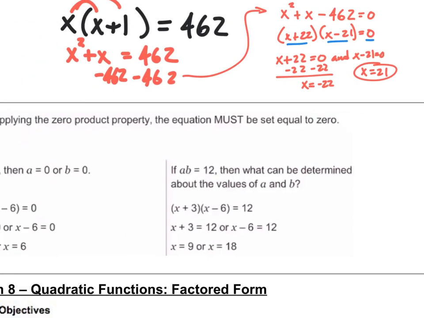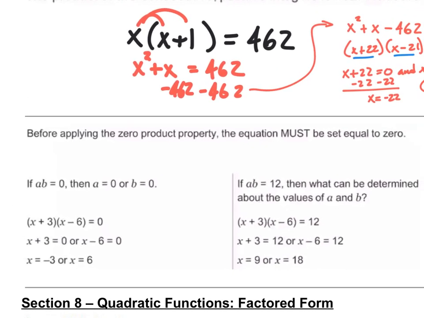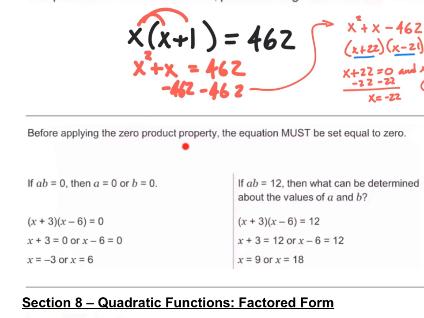On the last part of this video, what I want to talk about is that before we apply the zero product property, we must set the equation equal to 0. And the reason why is because of this. If you had this value here, AB, the zero product property means that if you have two numbers being multiplied together and you get 0, then either A is equal to 0 or B is equal to 0.